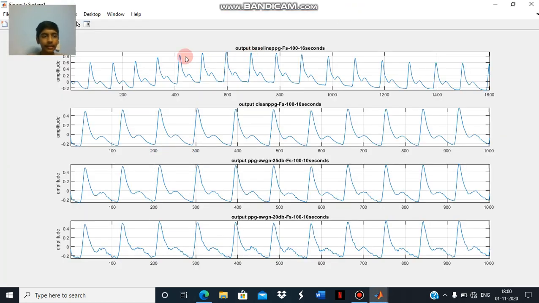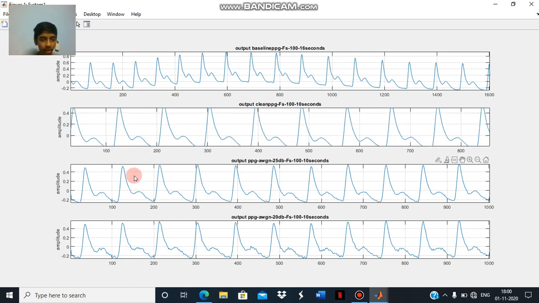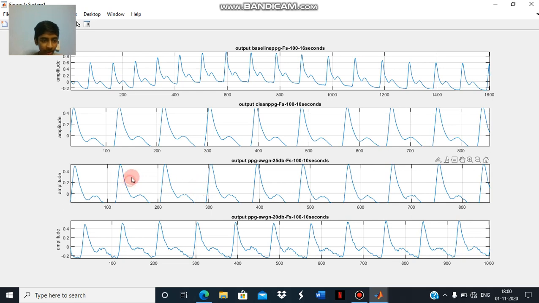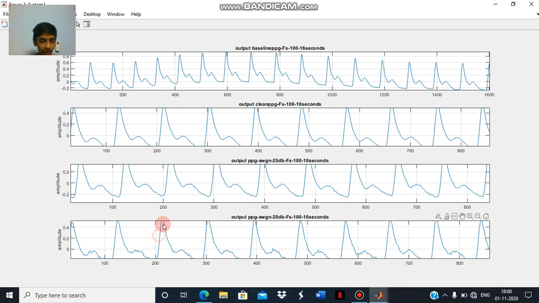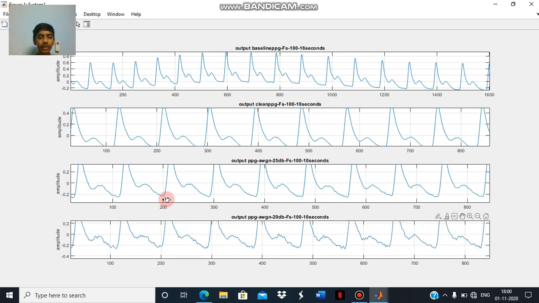You can clearly see that the output of the signal is not much varied, but the disturbances are decreased when compared to the input signal. For signal 3 and signal 4, the fluctuations are decreased, which means the noises are decreased.